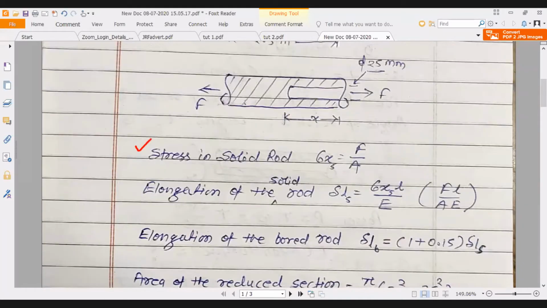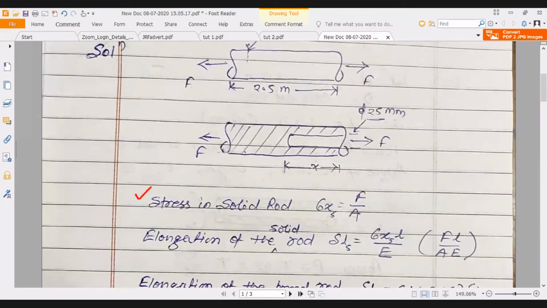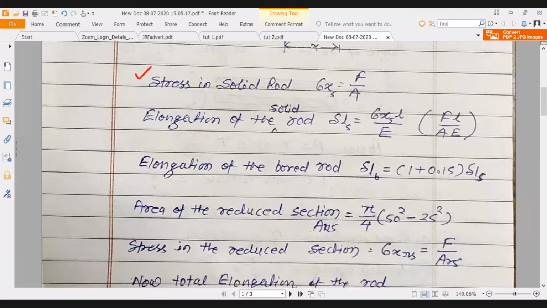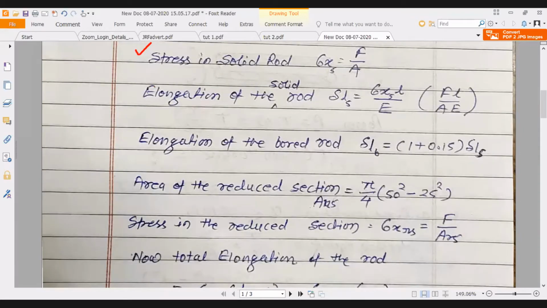So again, what is the difference between the bored and the solid one? The cross-sectional area of this rod has been reduced. So the area of the reduced cross-section is calculated over here. Now we can calculate the stress in the reduced section.